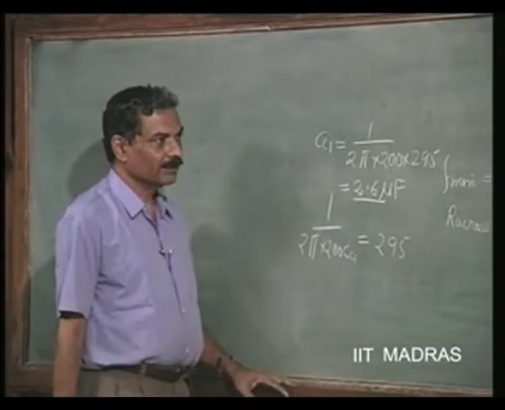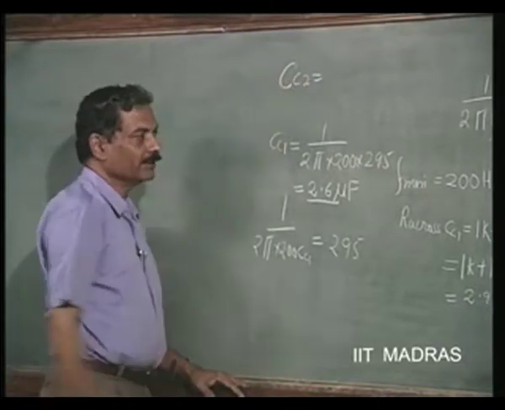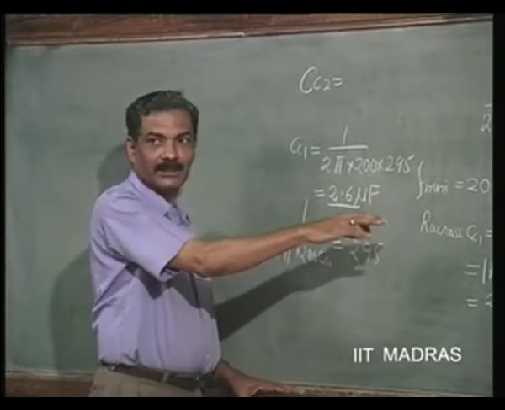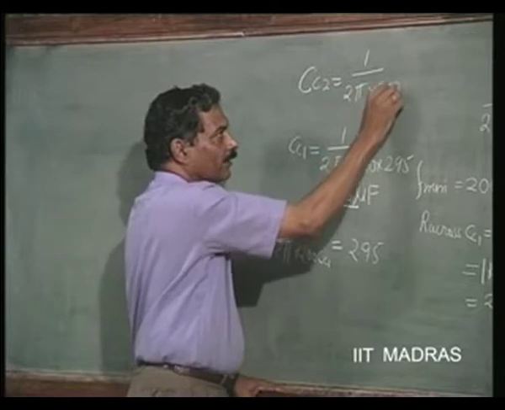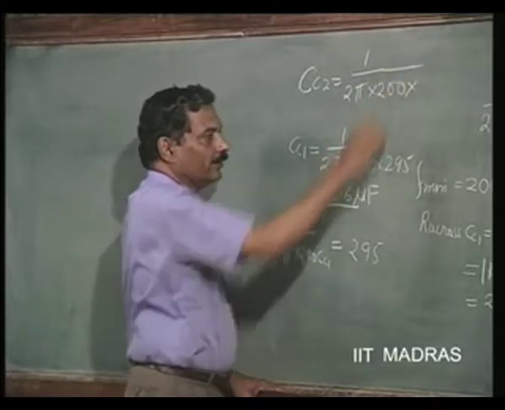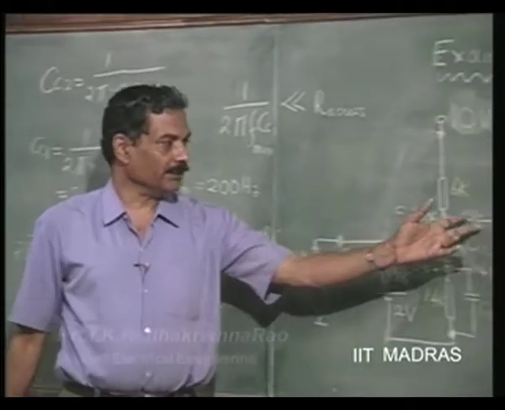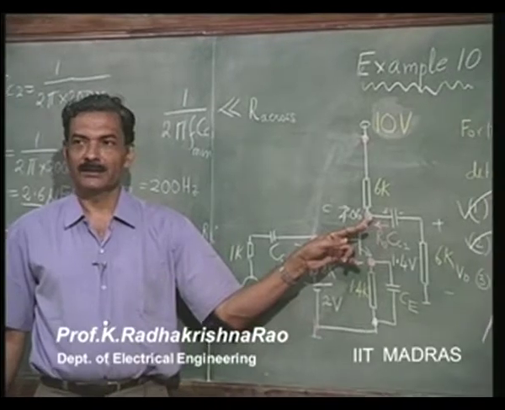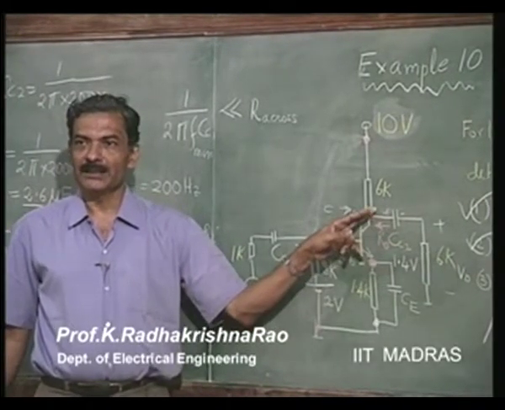Similarly, you can find out the value of CC2 as, let us do that without going into all these equations. We know 1 over 2 pi into 200 into, what is the effective resistance across this capacitor? 6 k plus output resistance, which is 6 k.